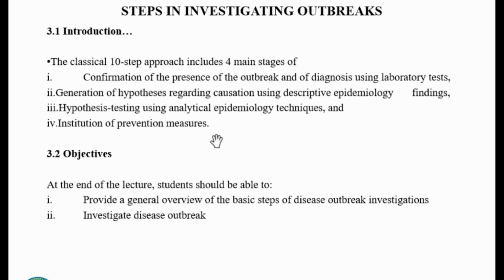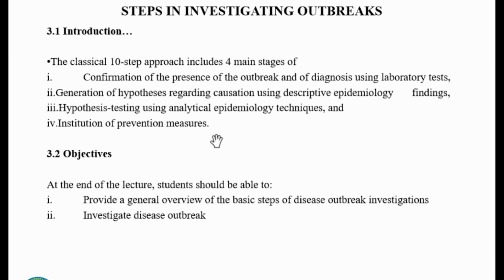Then those hypotheses will let you start planning your investigation. Now we are going to investigate only mothers with children below 6 months of age. Or maybe you find that the mostly affected are adolescent girls, and then you will say we have to start interviewing these girls with their mothers. So that's how we generate the hypothesis, with regard to the confirmation and the laboratory diagnosis.